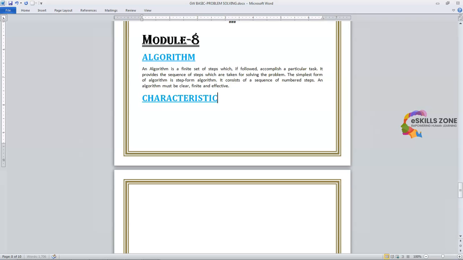Characteristics of an algorithm, which is very important to note. So we'll discuss them in order to qualify as an algorithm.